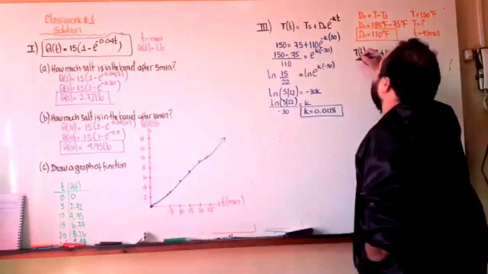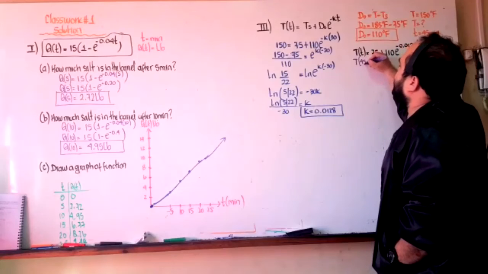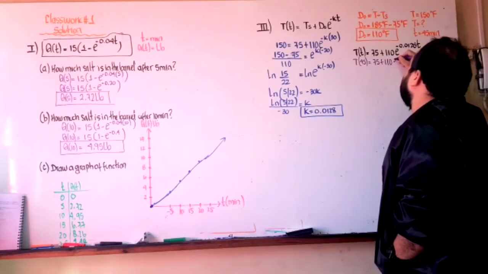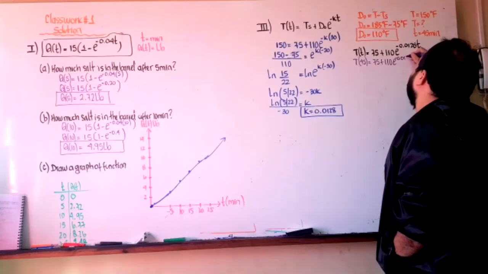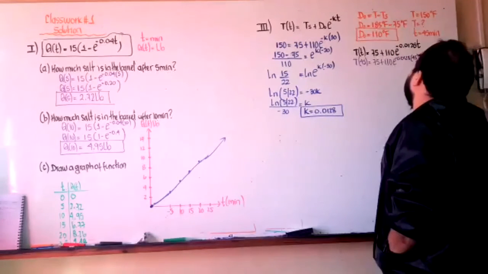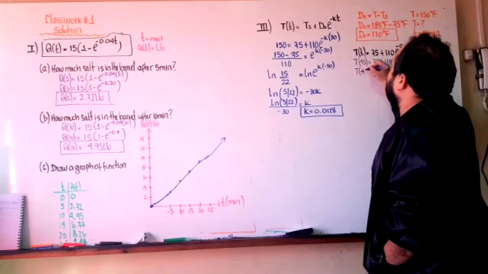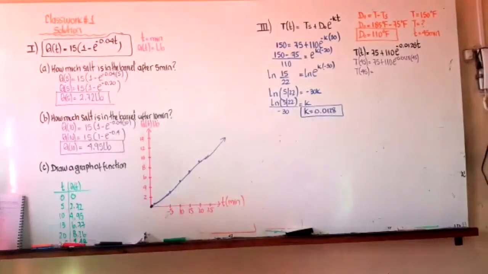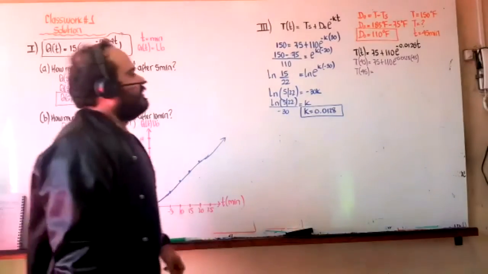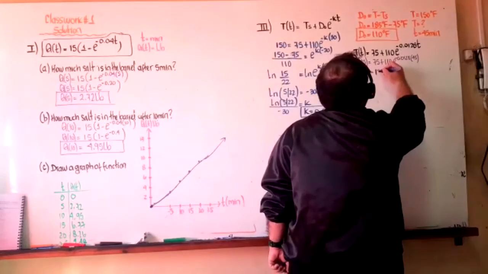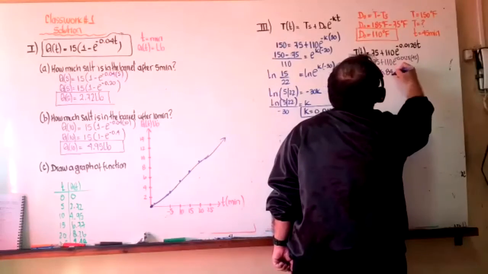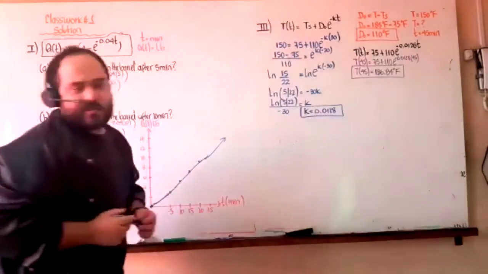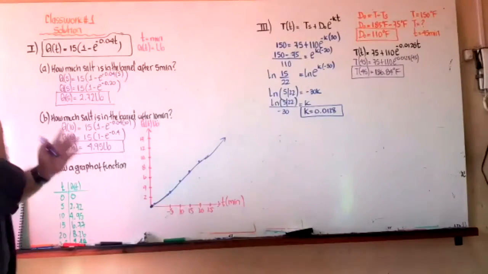So we have to evaluate T(45), which will be equal to 75 plus 110 e to the negative 0.0128 times 45. So the answer in this situation will be 136.84 Fahrenheit degrees. That was the first solution, letter A.